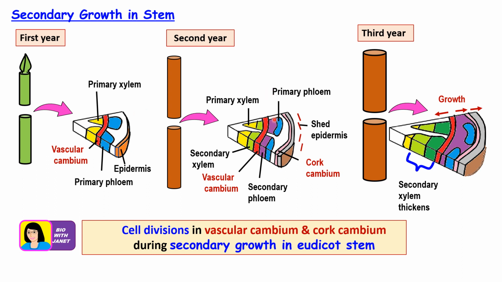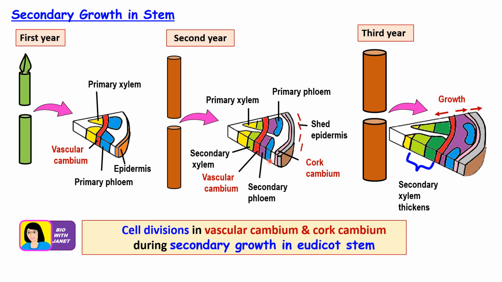So in the second year, we see the vascular cambium has produced the secondary phloem on the outside and the secondary xylem on its inner side, okay? So remember that the secondary tissues are always closest to the vascular cambium that produces them.